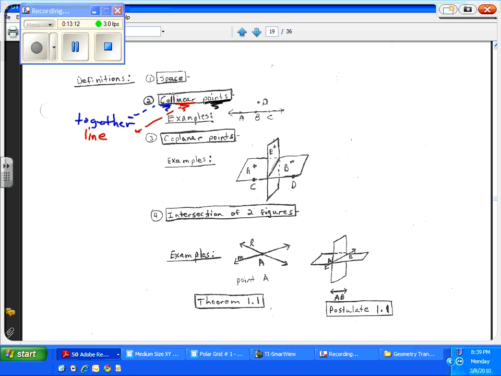Linear, well, we know that's line. And points, well, we know that's points. So collinear points are points together in a line. Points together in a line. So it's not a tricky definition. It's really a common sense definition. Collinear points are points together in a line.